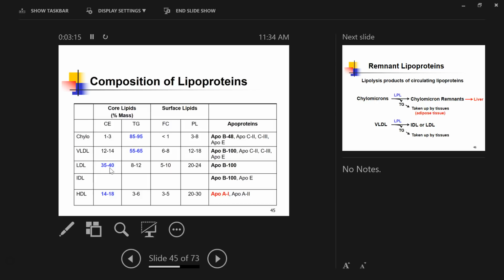But I also want you to remember that the chylomicron remnant is actually picked up by the liver, right? So the majority of the triglyceride in chylomicron is transported to adipose tissue, but some remaining triglyceride is eventually picked up by the liver.